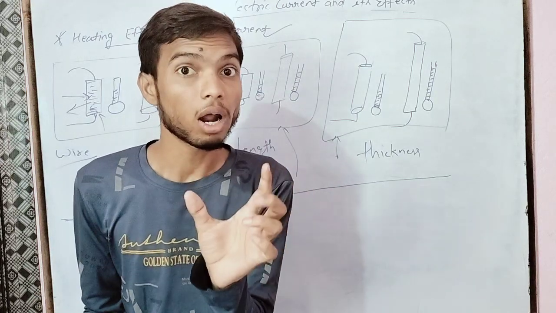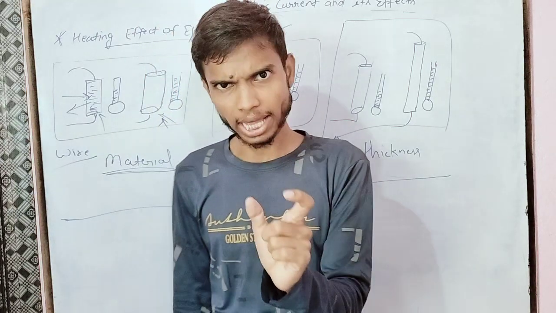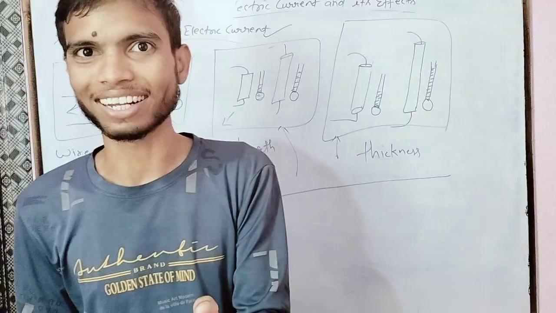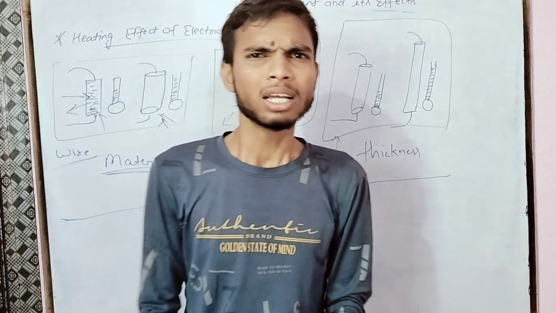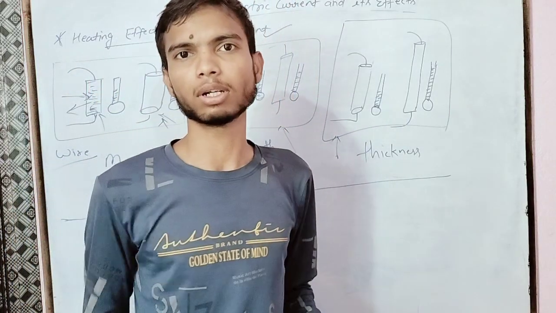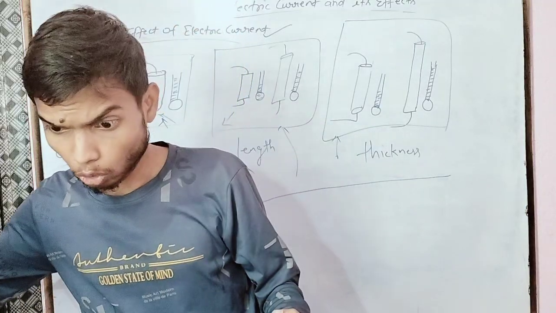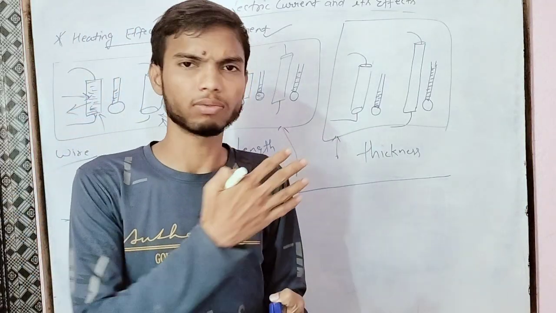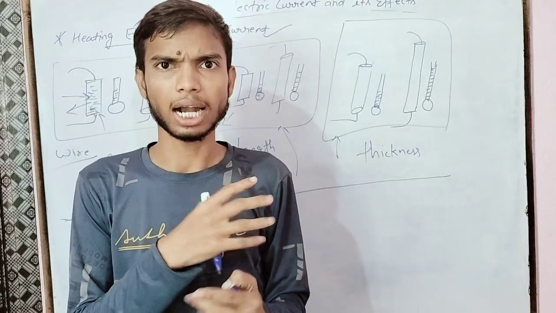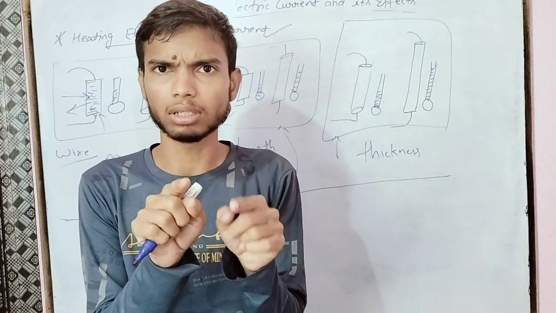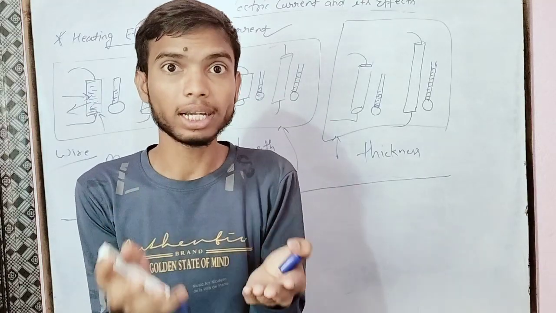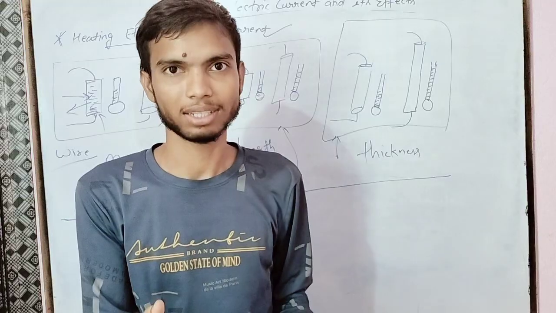If the length of the wire is small, then it will be hard to produce a heating effect. Electrons will go very fast, and they will not take any places.